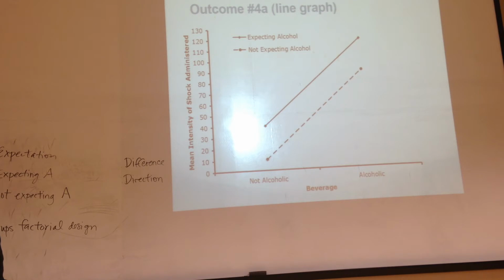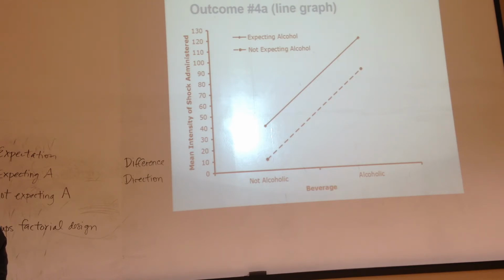Okay, so what about the x-axis? An effective beverage. Does it seem to matter whether people had a non-alcoholic beverage or an alcoholic beverage? Yes, it does seem like that mattered. How can you tell? Not the space. The slope, right? It matters that the lines are not laying flat parallel to the x-axis, right?